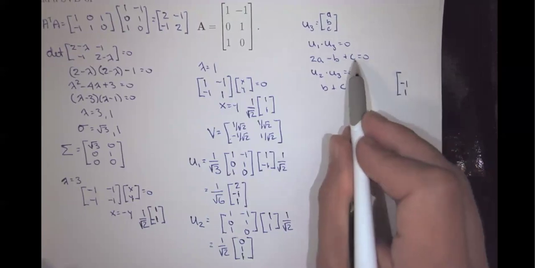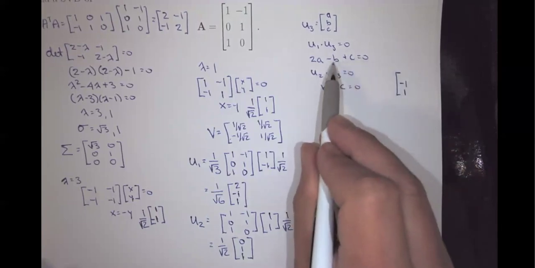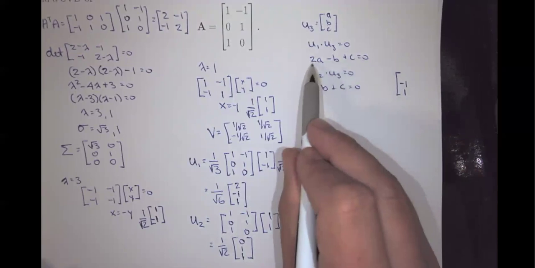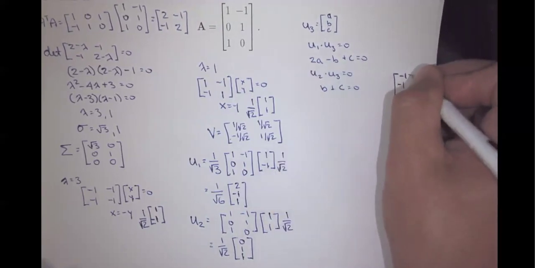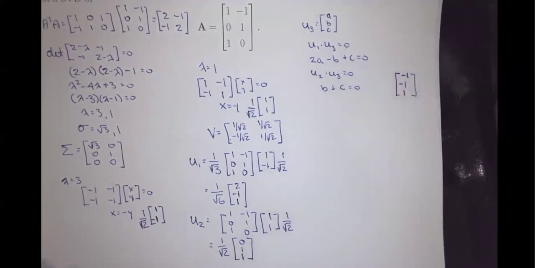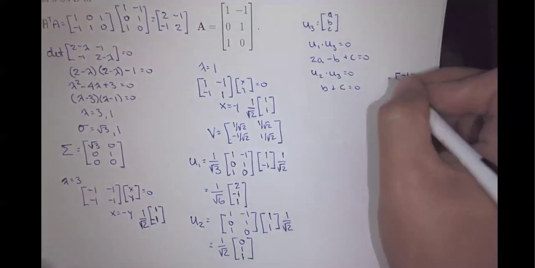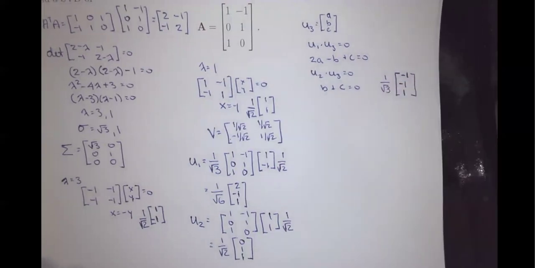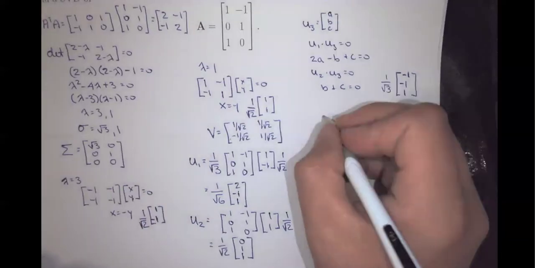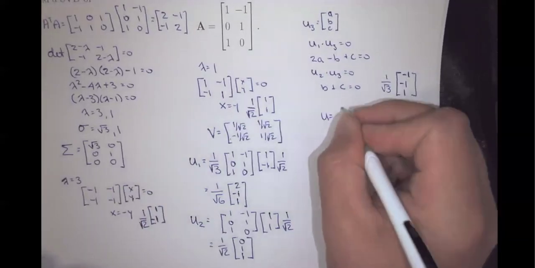Then we've got 2A minus negative 1 plus 1, which makes A minus 1. And so we've got 1 over root 3 to normalize it. Great. That gives us enough for our matrix U.